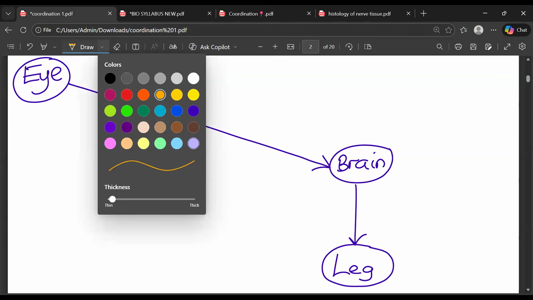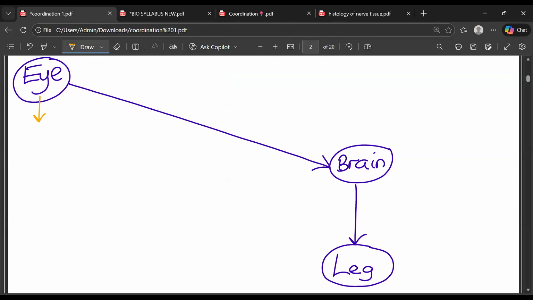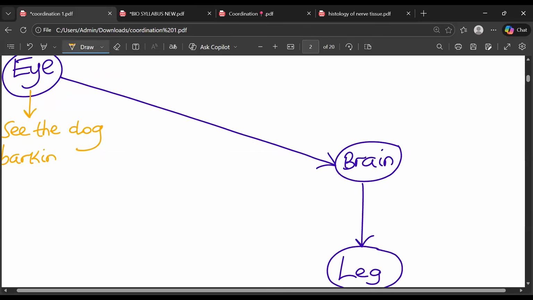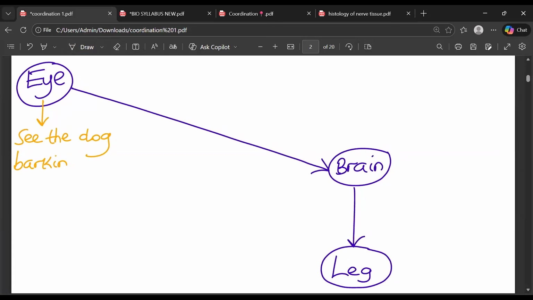So we say that this eye, I want you to listen, it's the one that will see the dog barking and running towards it.